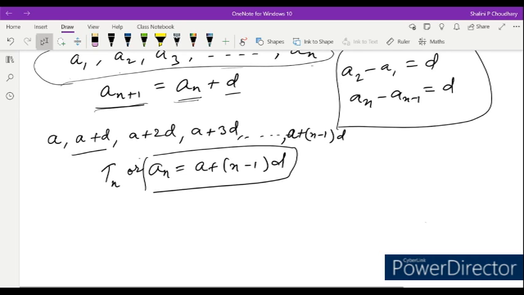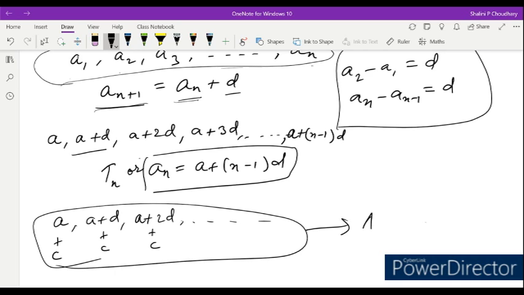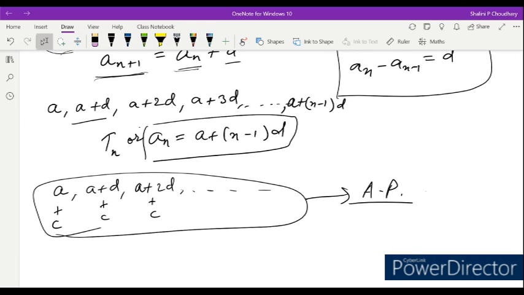If a constant is added to each term of an AP, the resulting sequence is also an AP.